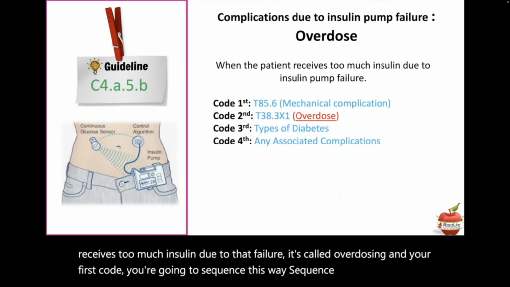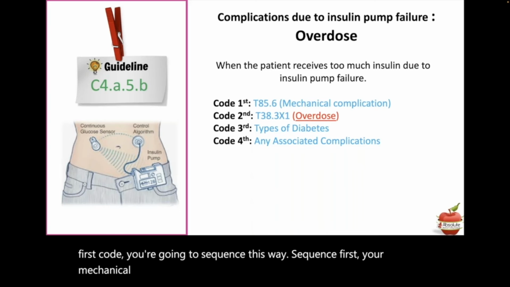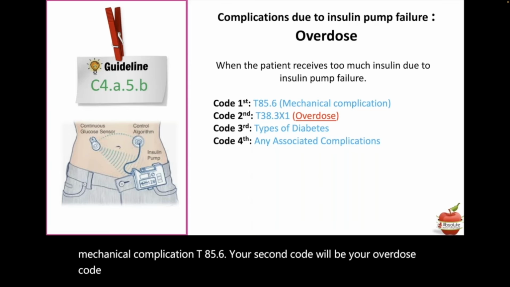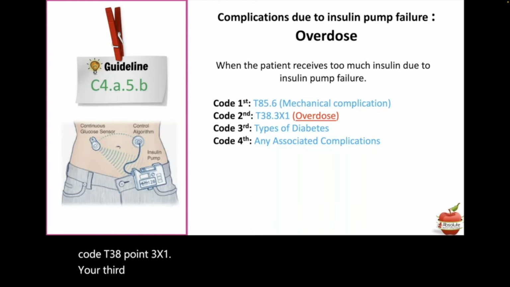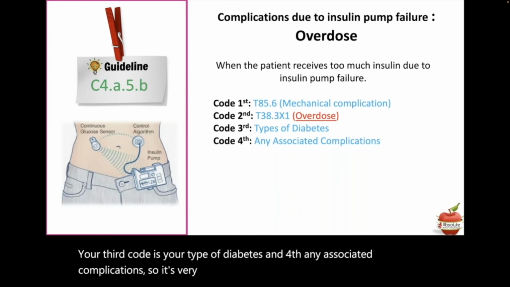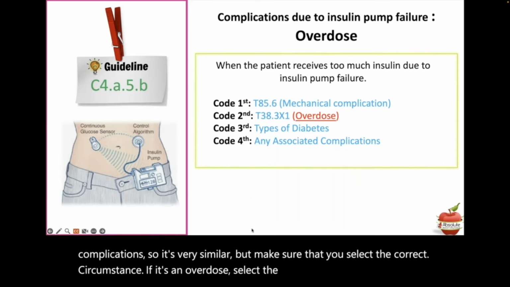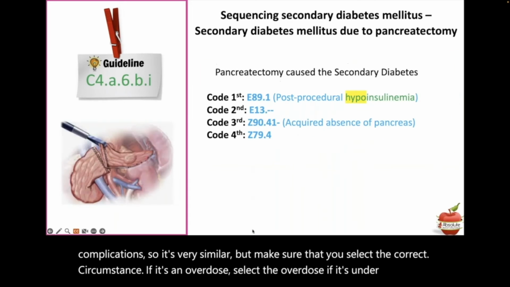Sequence first, your mechanical complication, T85.6. Your second code will be your overdose code, T38.3X1. Your third code is your type of diabetes. And fourth, any associated complication. So it's very similar, but make sure that you select the correct circumstance. If it's an overdose, select the overdose. If it's under, select the under.